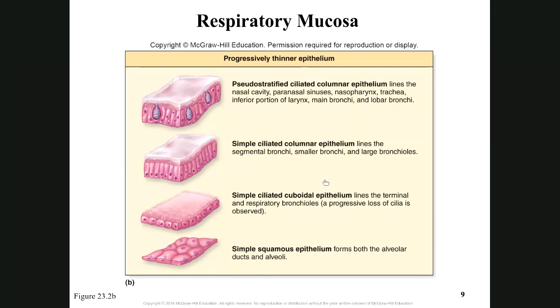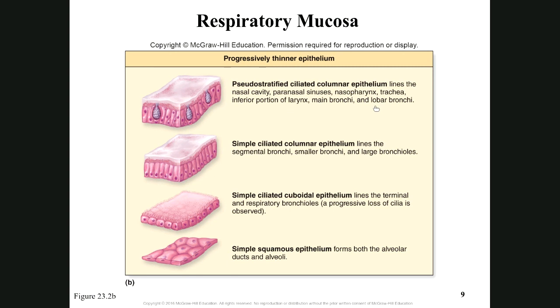Now, first I want to talk about the pseudostratified ciliated columnar epithelium, which lines the nasal cavity, paranasal sinuses, nasopharynx, trachea, inferior part of our larynx, the main bronchi, and the lobar bronchi.